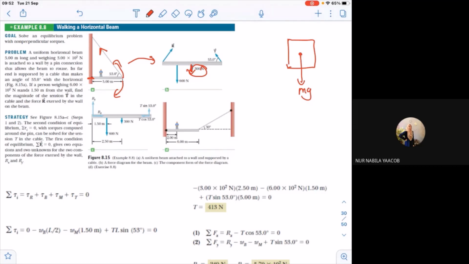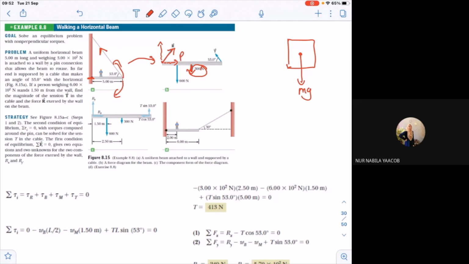Alright, and then it must be going downwards due to the gravity. If a person's weighing 600, and then we need to find what is our T and what is our R. And the R is going that way. Kenapa dia sengit macam tu? Yes, because of the situation depending on here. Dia datang daripada sini dengan daripada sini. Itu je lah dia. That's why R dia dapat macam tu.